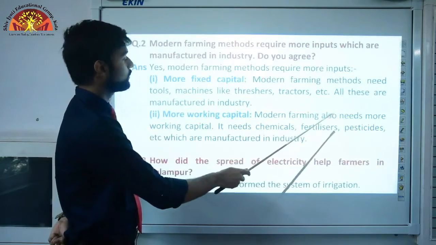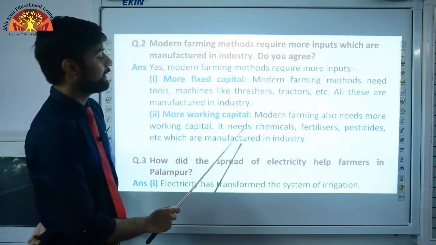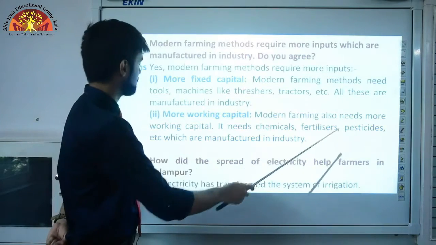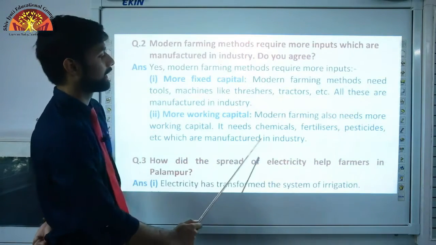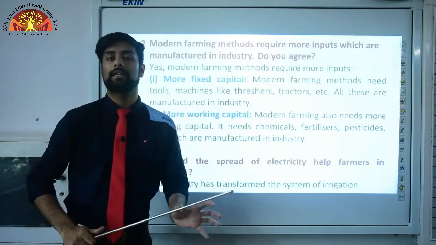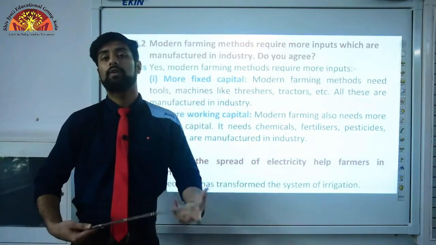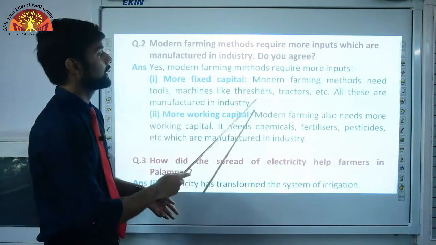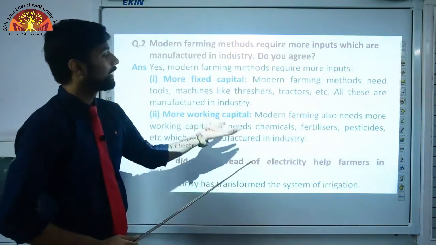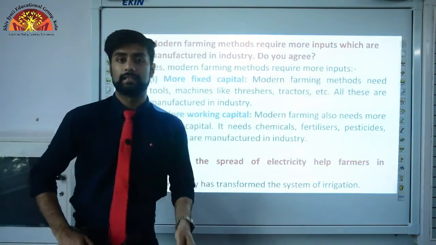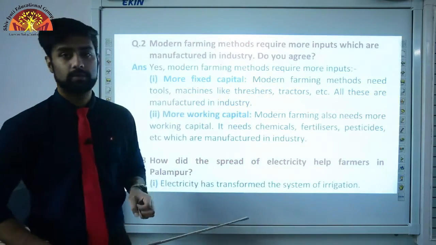Modern farming also needs more working capital. It needs chemicals, fertilizers, pesticides, etc., which are manufactured again in industry. So we see that the modern farming method, the new way we farm, requires more input, such as threshers and tractors, and also chemicals, fertilizers, and pesticides.